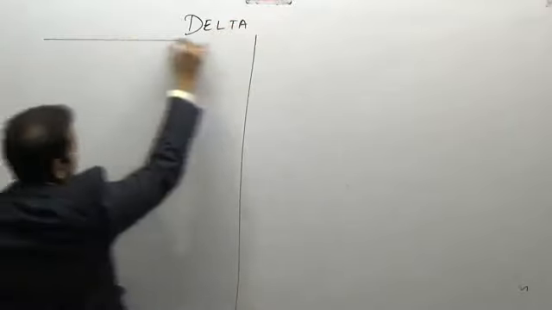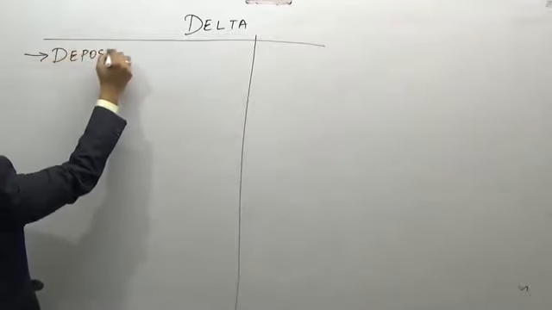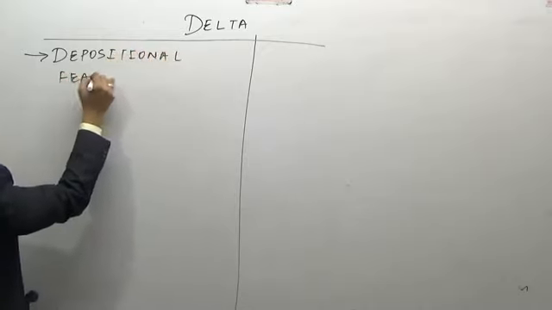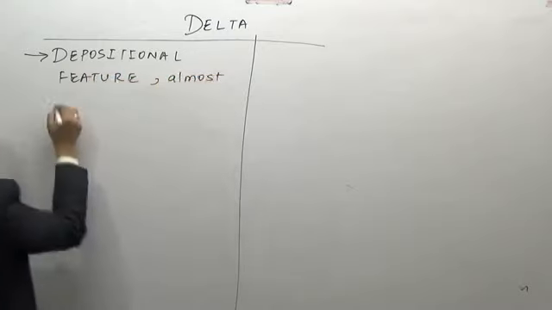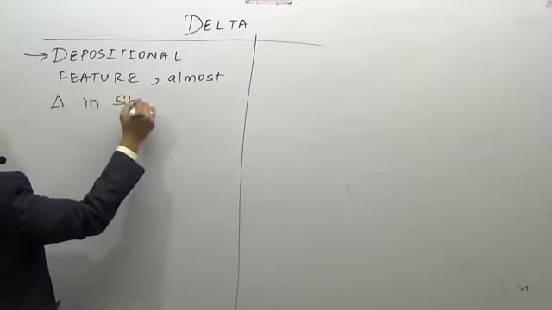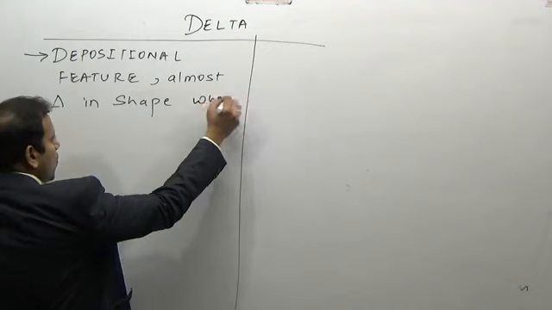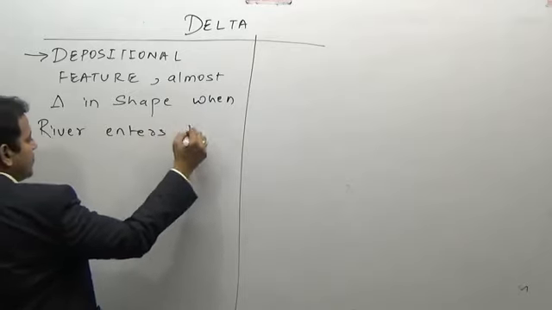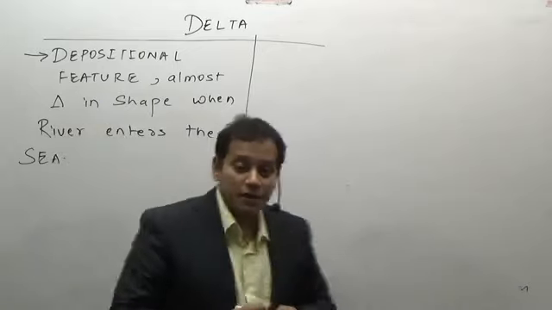It is a depositional feature, almost triangular in shape, formed when the river enters the sea.